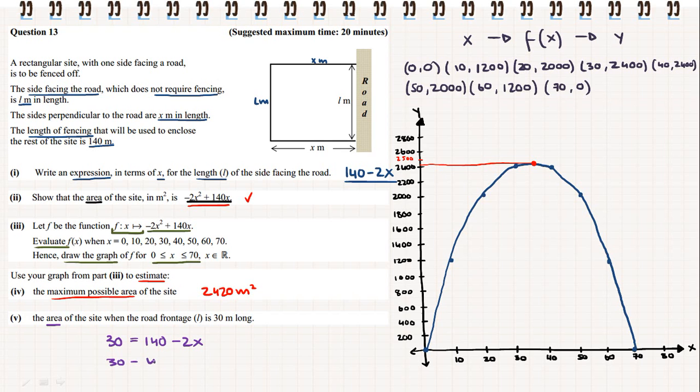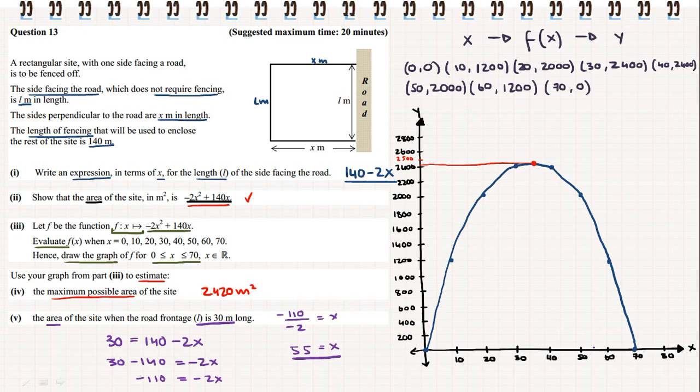So 30 minus 140 is equal to minus 2x. Minus 110 is equal to minus 2x. So minus 110 divided by minus 2 is going to give us x. So x is equal to 55. So when L is 30 meters long, x is 55 meters.